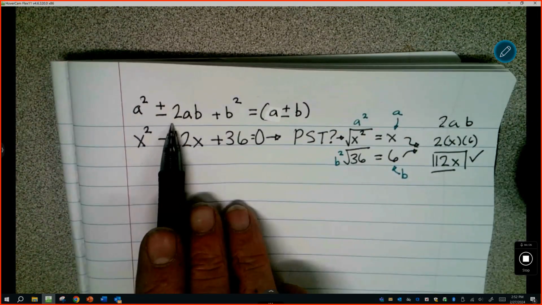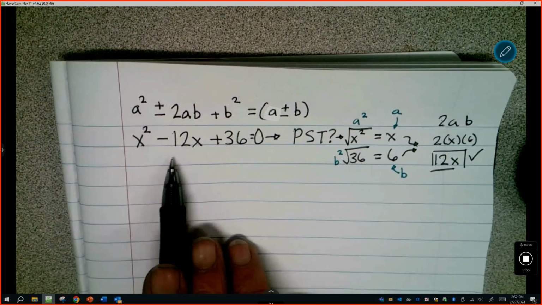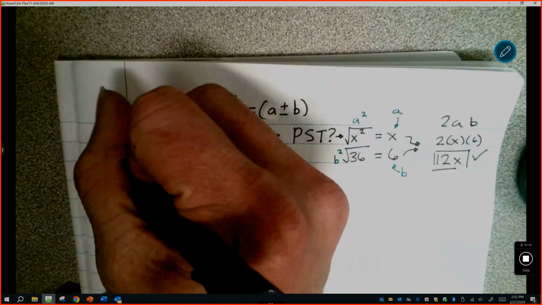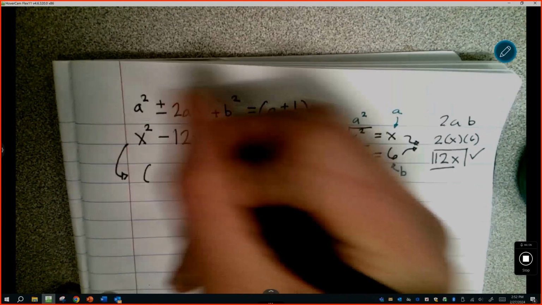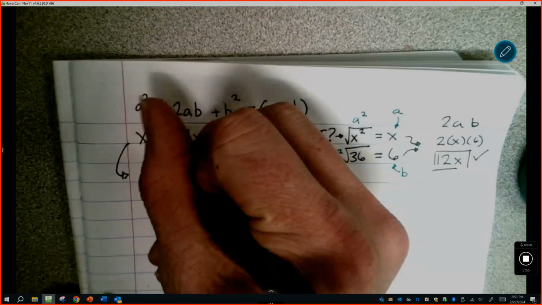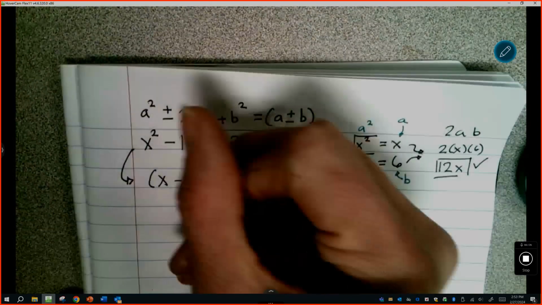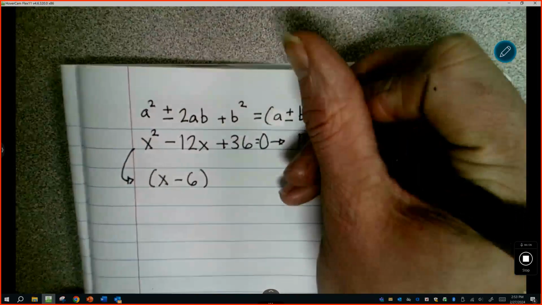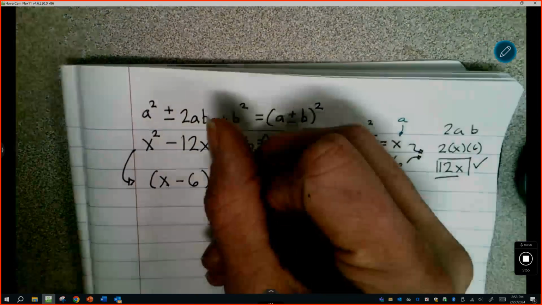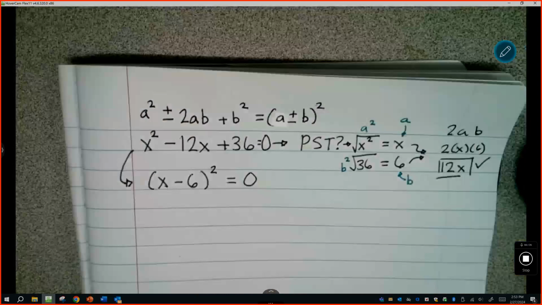So in this case, I'm going to do minus because I have a minus here. So my factors are going to be x, because that's my A, minus 6, because that's my B, and it's squared. And that's still equal to 0.